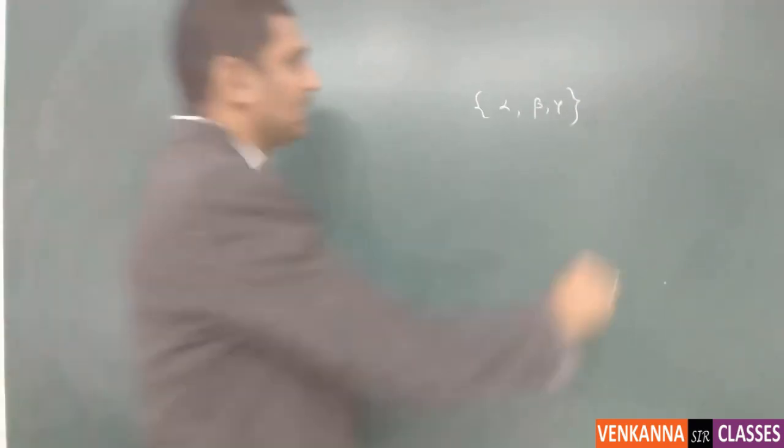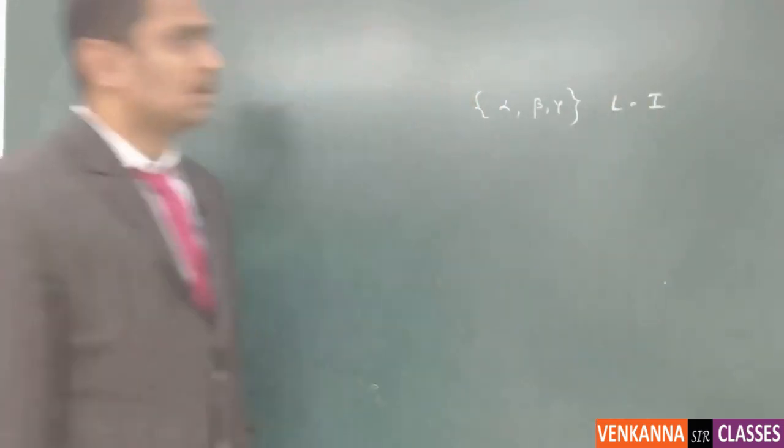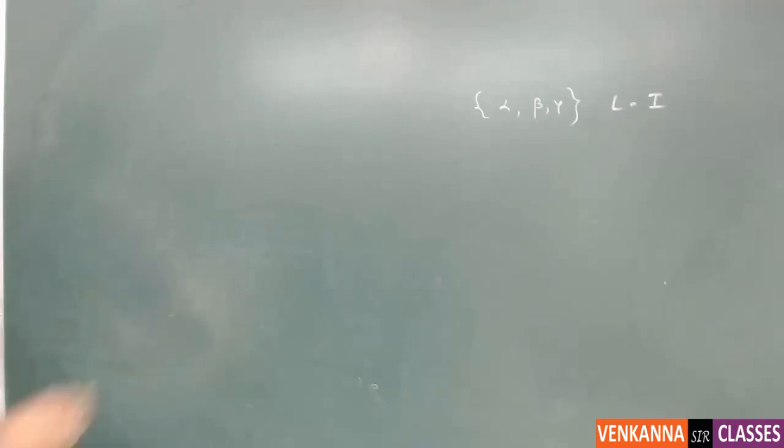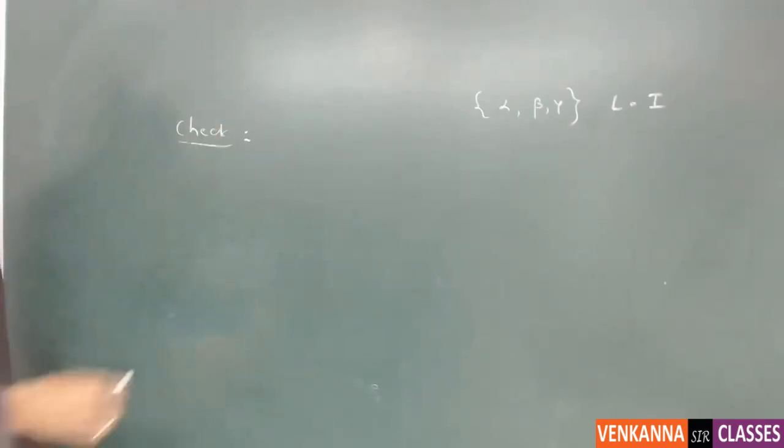Alpha, beta, gamma. This is a LI set. Now, I want to check that if you sum them.